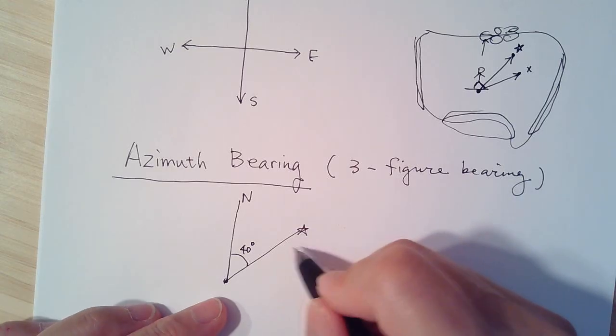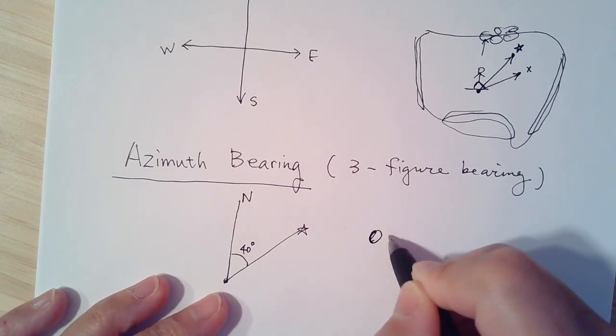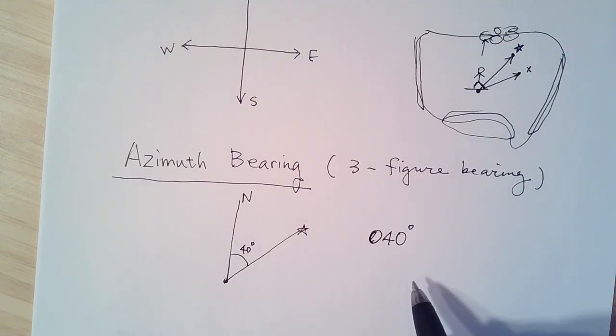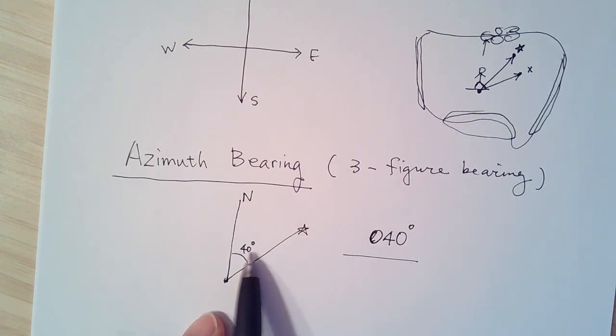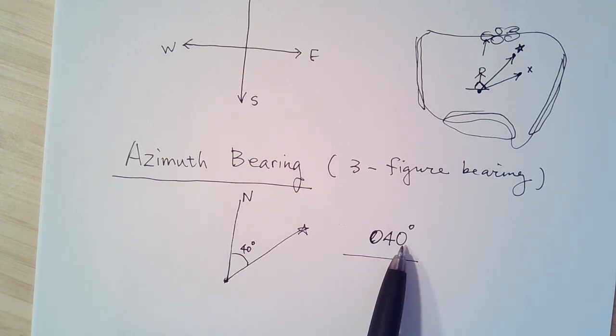Then how do you talk about this direction? That will be 0, 4, 0 degrees. That is the azimuth bearing system. That's why it's called three-figure. Even though it's 40, I have to add a 0 before that to make it three-figure. So it's a 0, 4, 0 bearing.